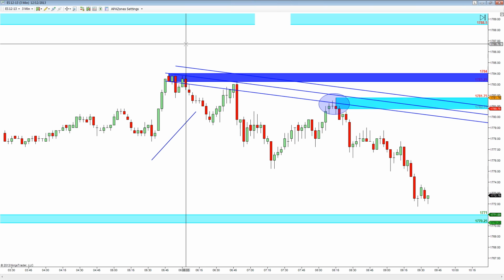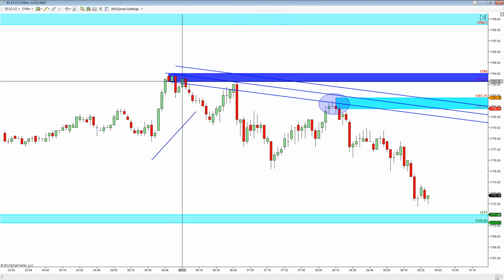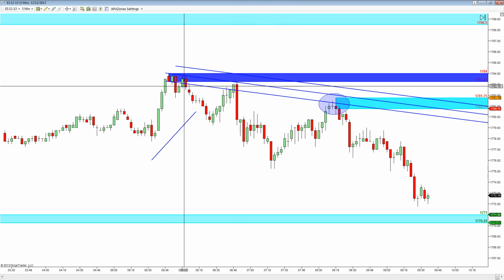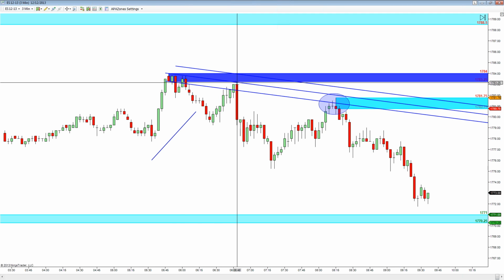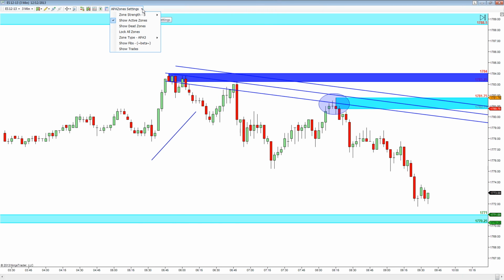The consolidation of this zone was like this. And if you like the old zone logic, it's still there. This was the old intelligent logic of APA 3, so a lot smaller zone, but I kind of like the bigger zones in general, to be real honest with you guys.